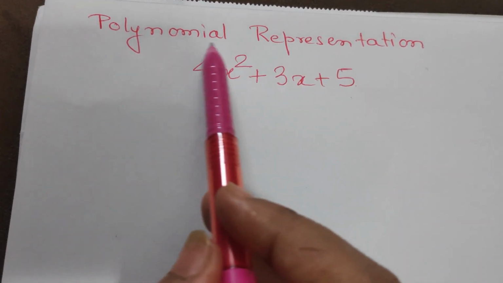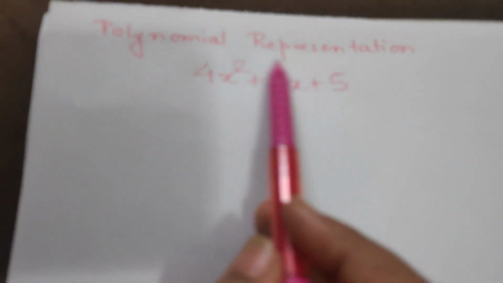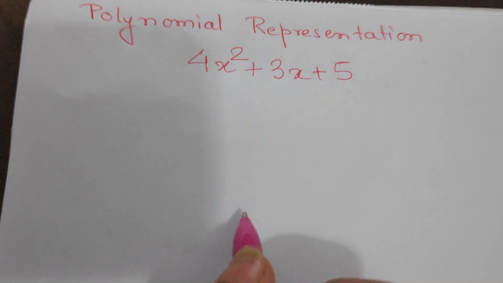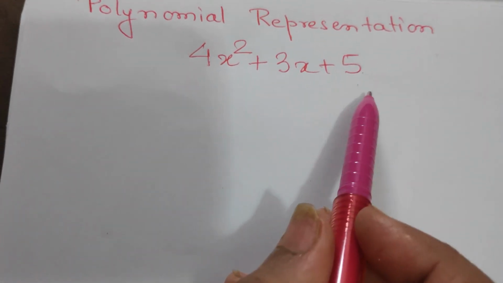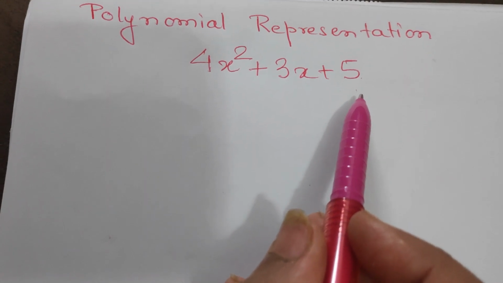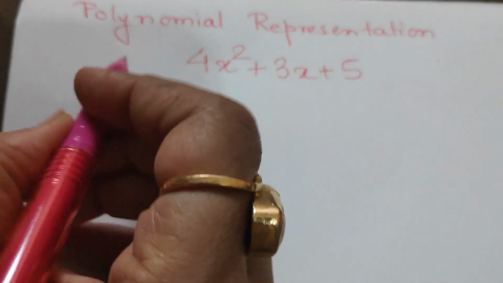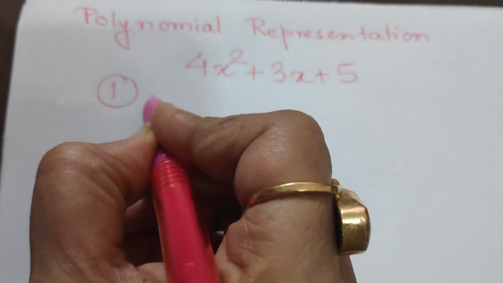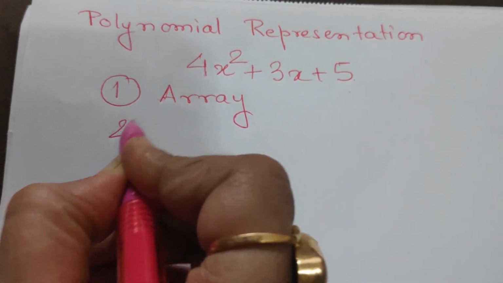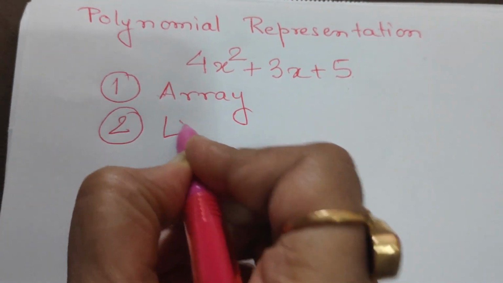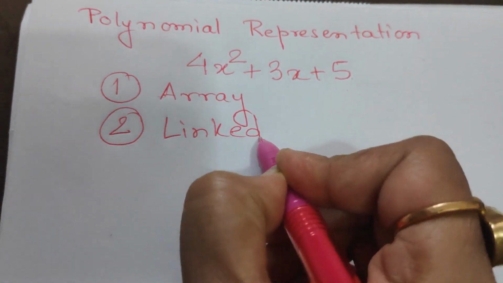Now, how do you represent such an expression in data structure? You can express this expression in data structure using two methods. First, you can use an array, and secondly, you can use a linked list.